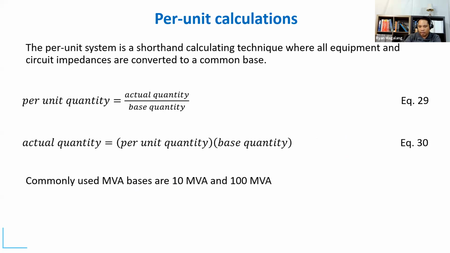This 10 MVA and this 100 MVA is just common practice recommended by the industry. So if you look at ETAP, when you open up ETAP, ETAP is always in the 100 MVA base. So whatever base you would choose, as long as the calculation is correct, it will still arrive at the same final value. So it does not really matter.